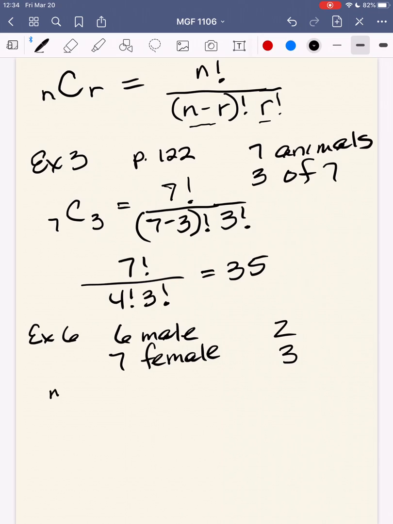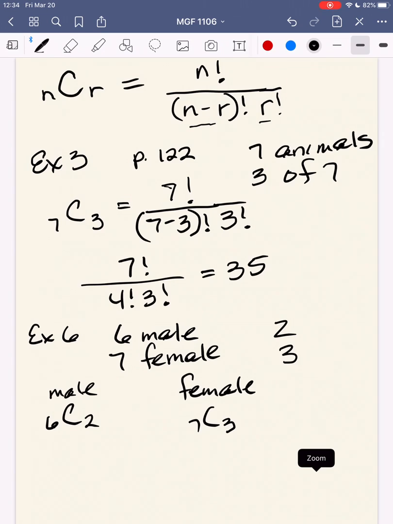My male bears are a combination of 6 choose 2, and my female bears are a combination of 7 choose 3.